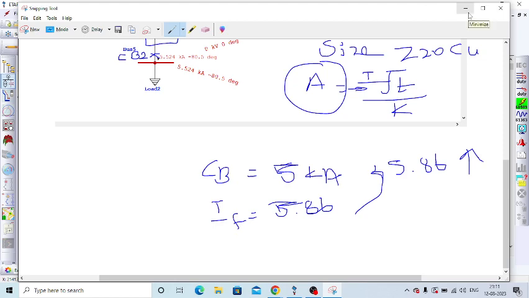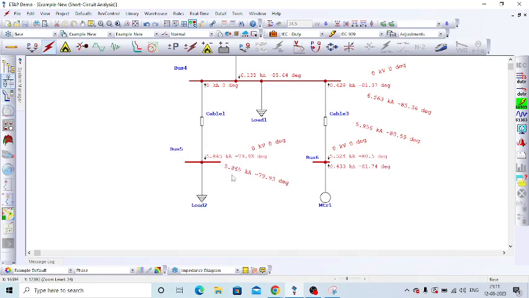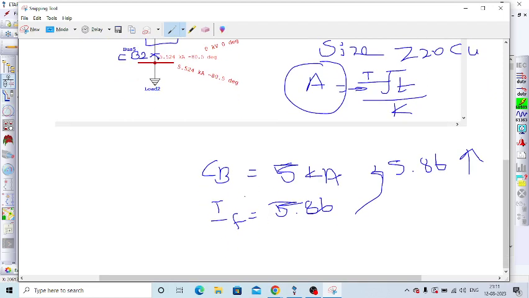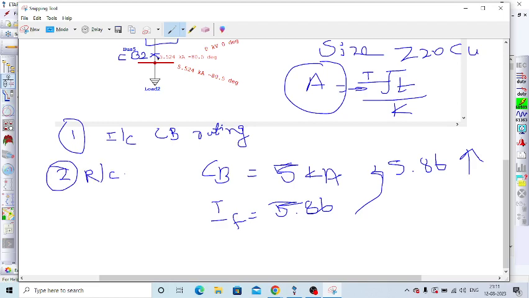We don't have much option. The first option is to increase the rating of the circuit breaker to 5.86 or a higher value. Option 1 is to increase the circuit breaker rating.